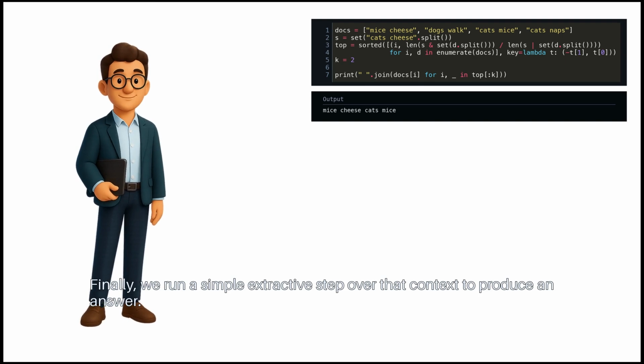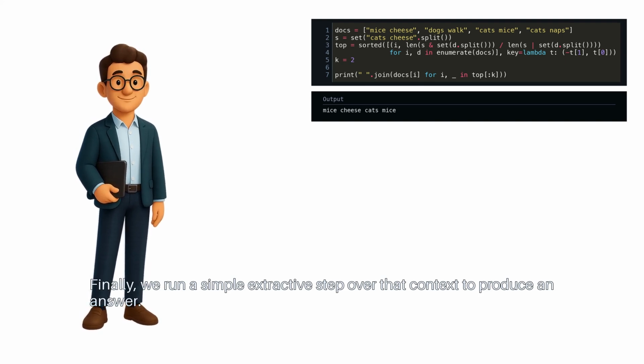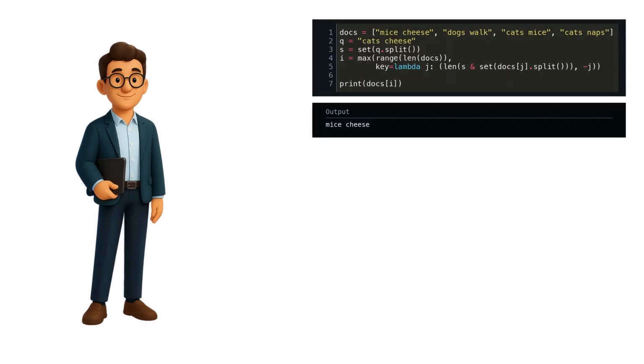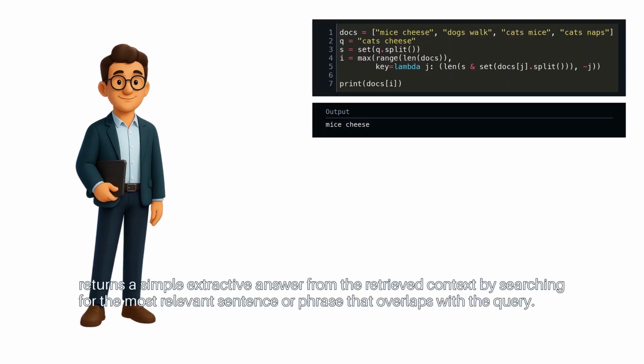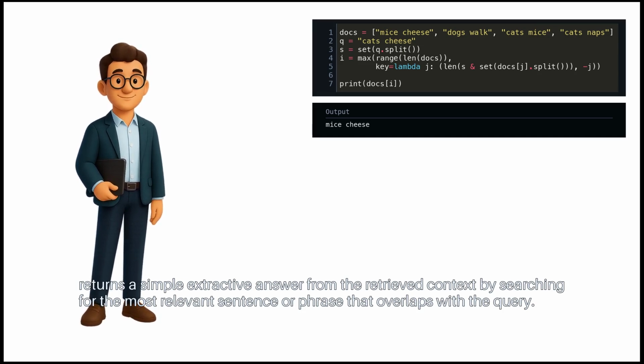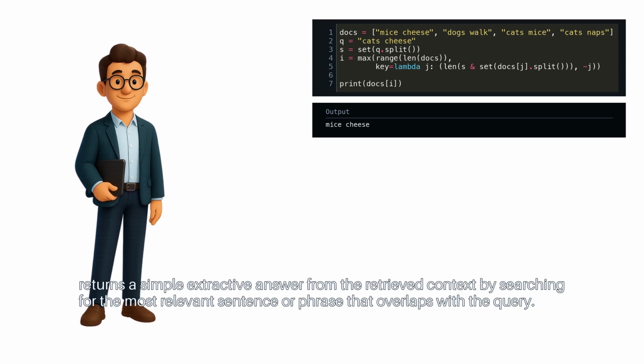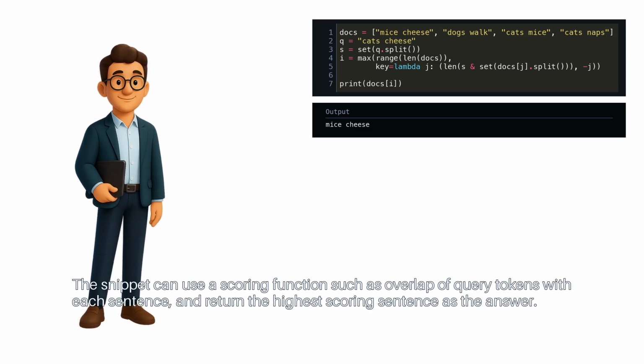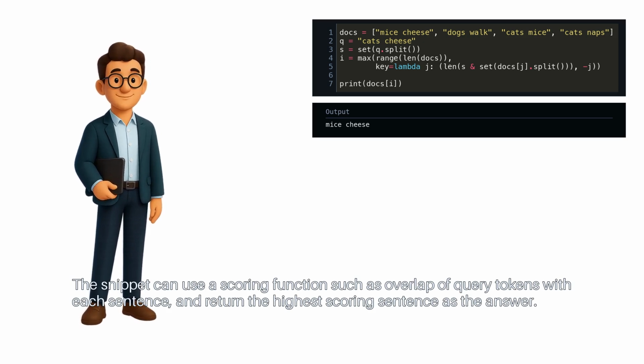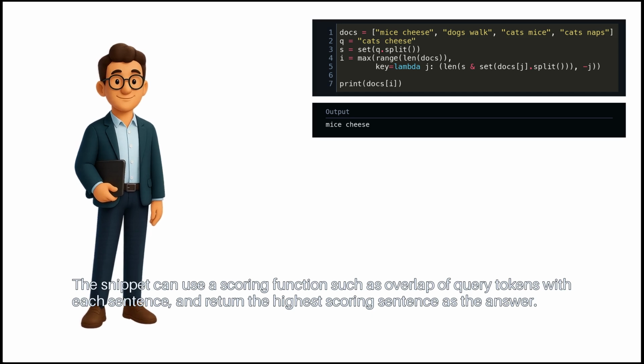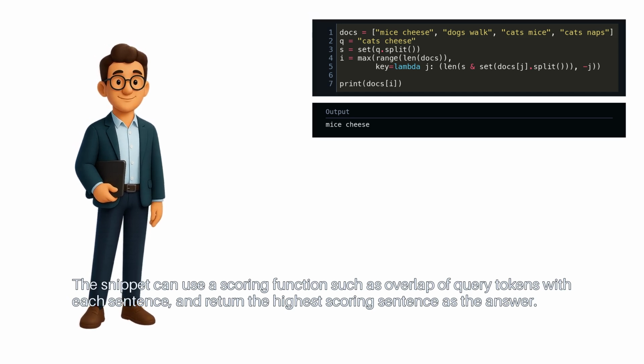Finally, we run a simple extractive step over that context to produce an answer. This snippet returns a simple extractive answer from the retrieved context, by searching for the most relevant sentence or phrase that overlaps with the query. The snippet can use a scoring function, such as overlap of query tokens with each sentence, and return the highest scoring sentence as the answer.